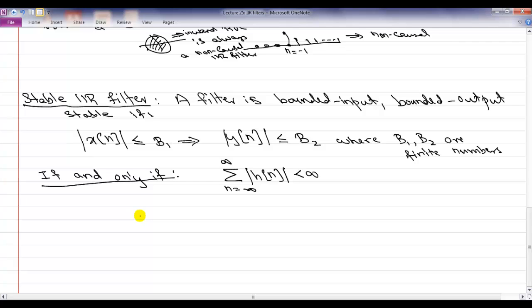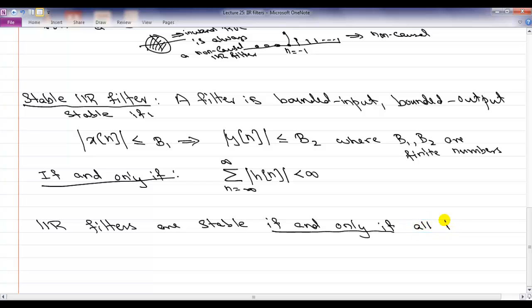So what is a simple test? By looking at the pole zero diagram and telling whether your IIR filter is stable or not. You can simply look at the pole zero diagram and say that IIR filters are stable if and only if, and again, this is an if and only if statement. This is not like the causality statement, which is only necessary. If and only if all its poles are inside the unit circle.